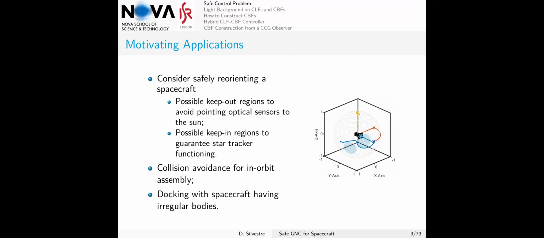And maybe we have constraints like don't point this optical sensor to the sun, please point this other sensor to a star, like a star tracker, so you shouldn't miss that one. Or we can be doing collision avoidance for in-orbit assembly, docking, and with other bodies that are irregular in shape. So all of that will somehow appear later on.